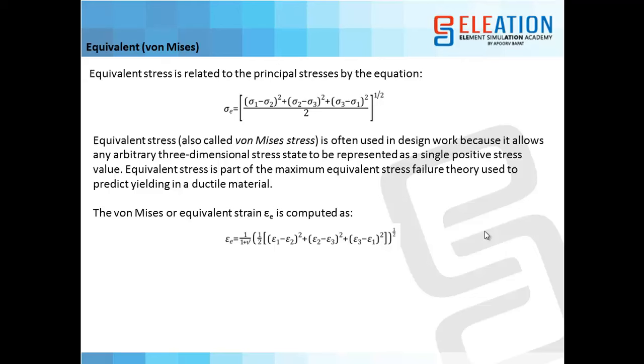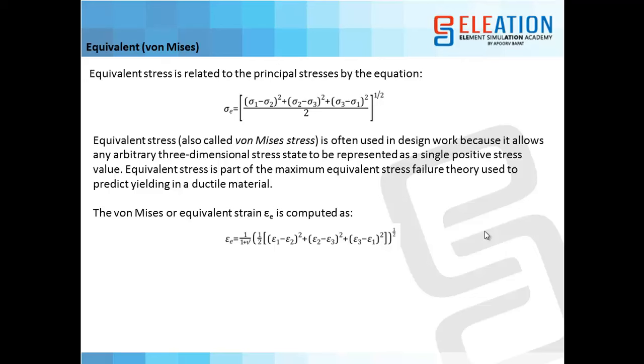So instead of seeing these values individually and combining them all, we use von Mises stresses, which cover the individual directional stresses and combine them with this equation to give us the equivalent von Mises stresses. Equivalent stress is a part of the maximum equivalent stress failure theory used to predict yielding in a ductile material.